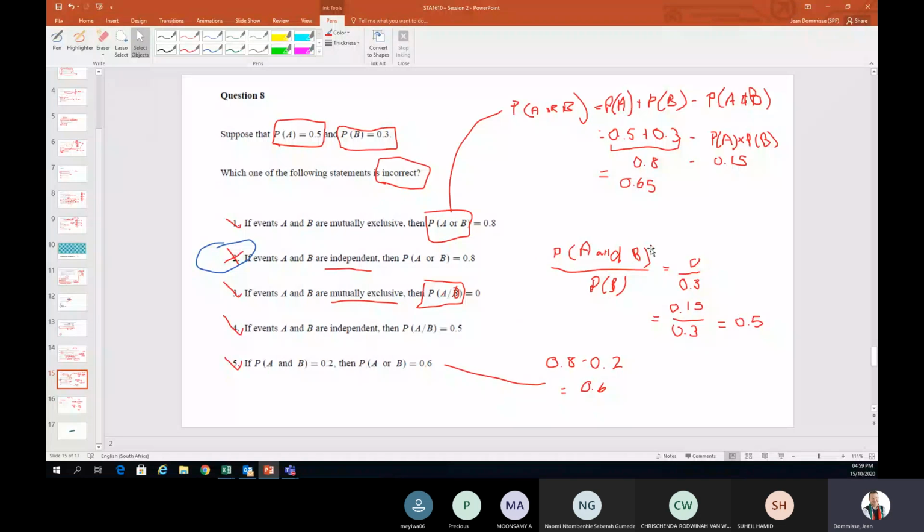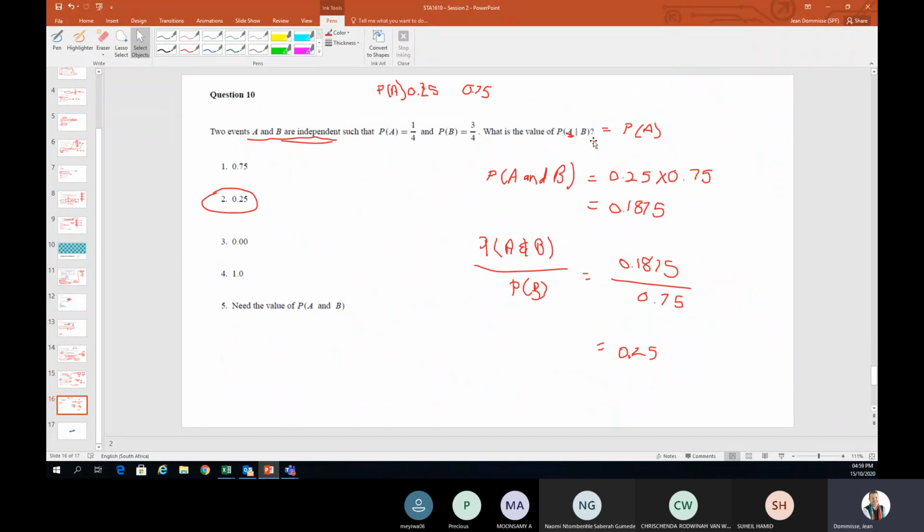It is basically the probability of A. So when it is independent, you can automatically say, you can go through this whole calculation, but it will be equal to the probability of that first letter. And that first one was the 0.25.